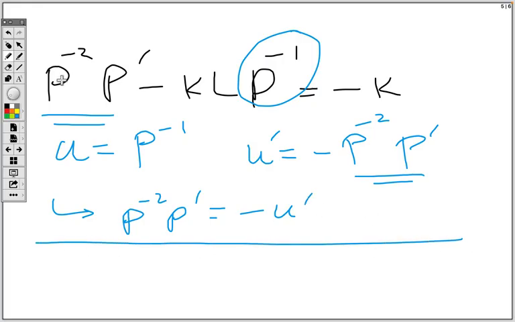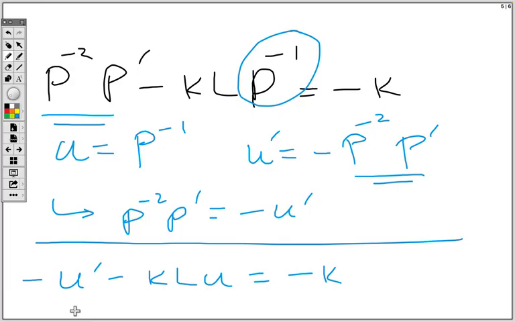And so now in the land of u, p to the minus 2 p prime is minus u prime minus KL. Instead of p to the minus 1, that's u, and that's equal to minus k.